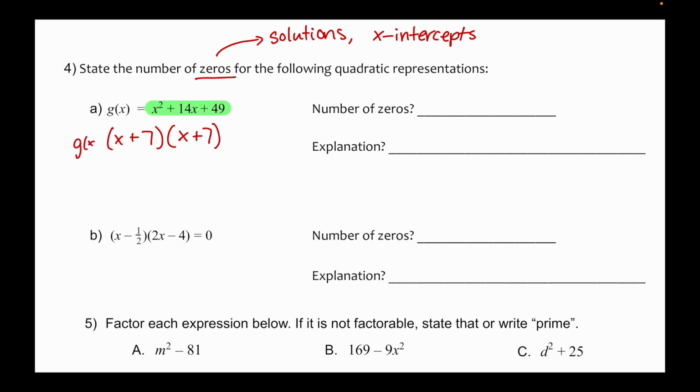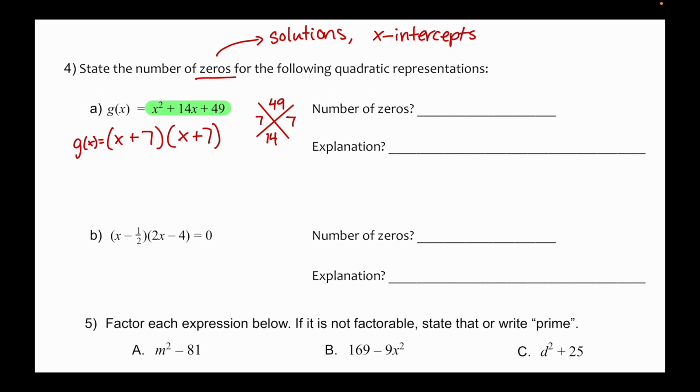This is g of x. Now, we know that because when we're trying to create our x pattern here, we need something that multiplies to 49 but adds to 14. And out of the factors of 49, the only ones that work are 7 and 7.